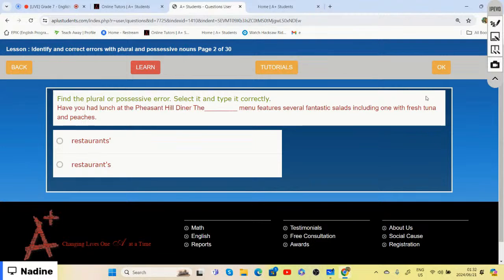The option one, restaurants, or option two, restaurant's menu features several fantastic salads, including one with fresh tuna and peaches. So we say the restaurants or the restaurant's, as in the apostrophe comes before the S.